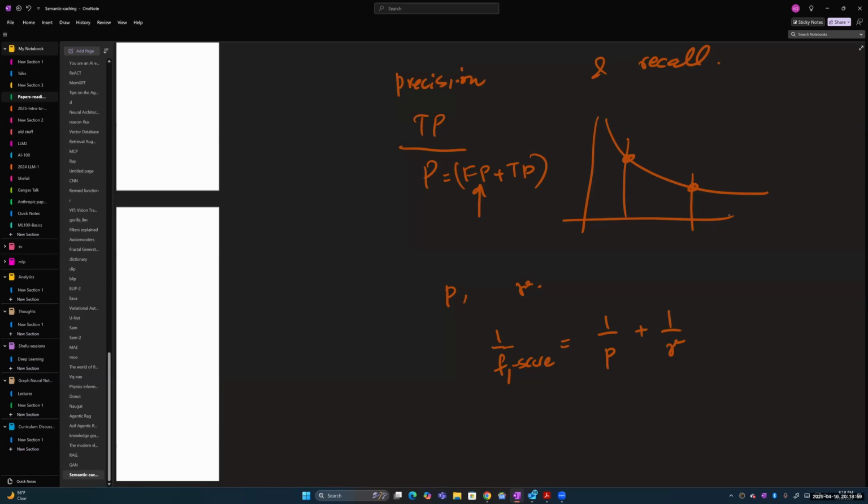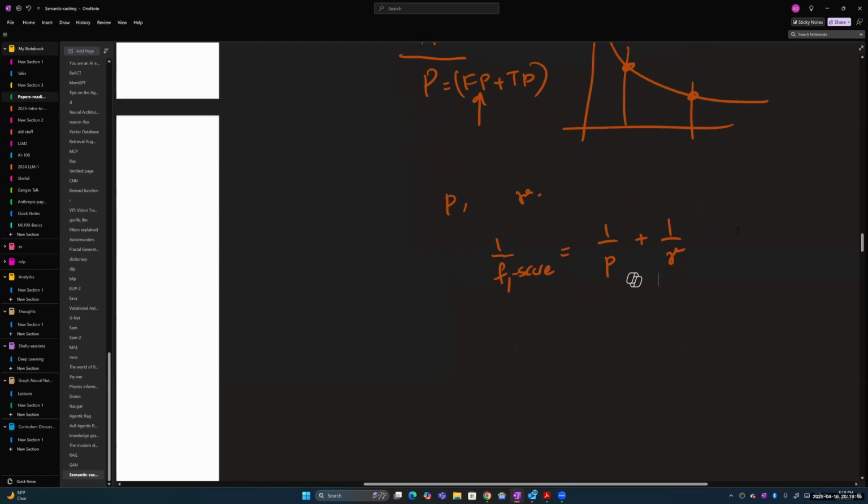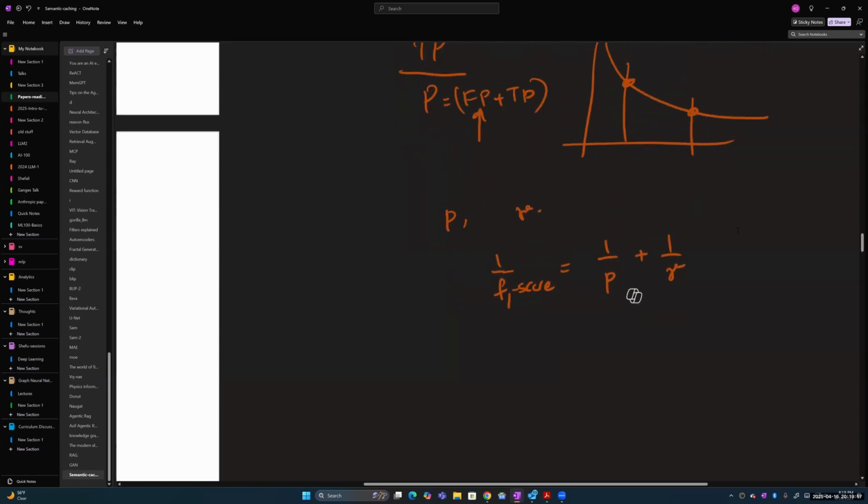The arithmetic mean of two numbers is a plus b over 2, right? The harmonic mean is the reciprocal of the mean of the reciprocals of the two, right? So that is the harmonic mean. F1 score is simply the harmonic mean.